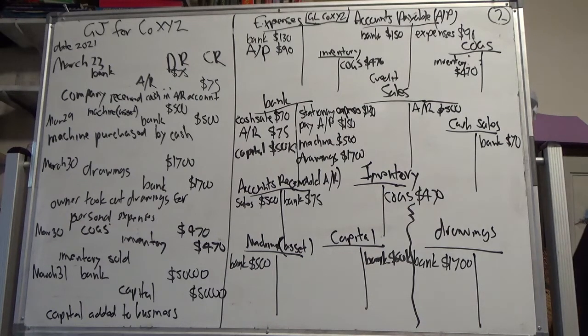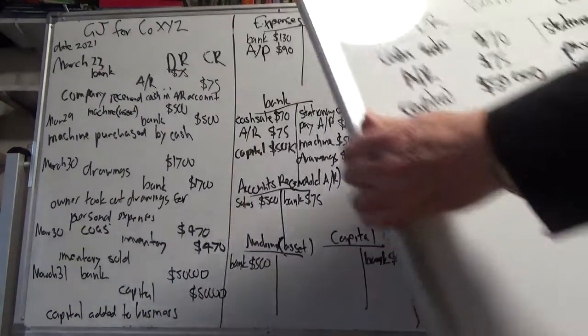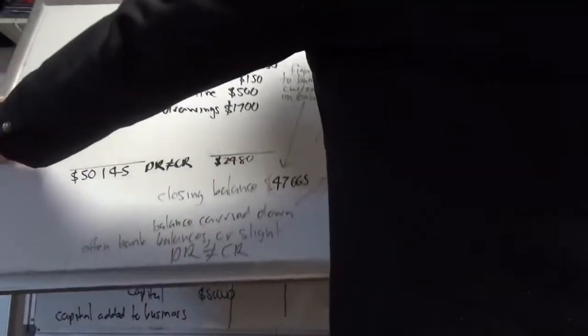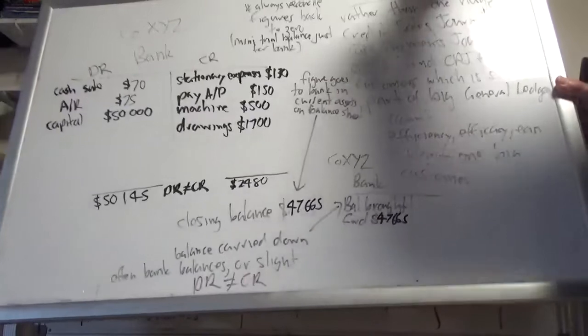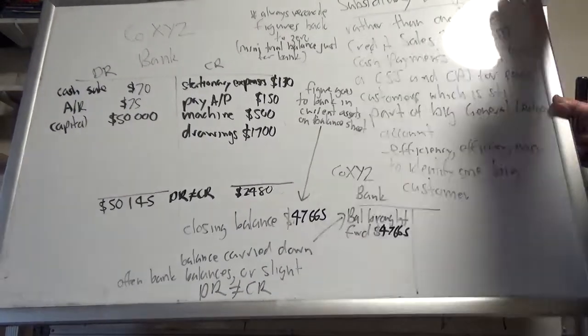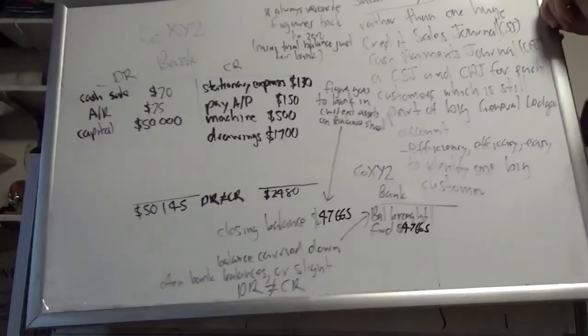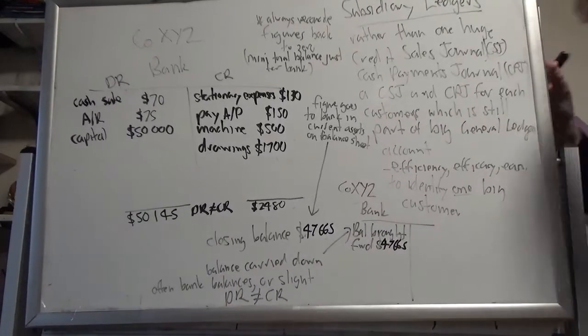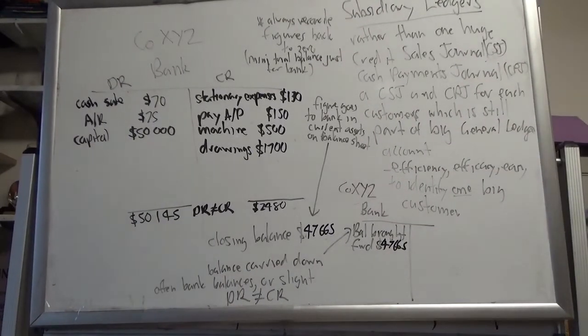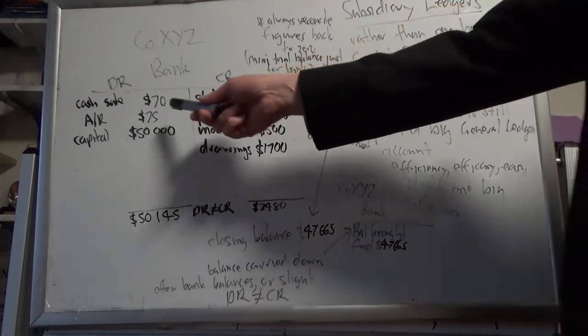So I'll give an example of adding up our transactions that we've just done for the bank. So this bank ledger is exactly the same in our example. Yep. So we've got all our debits here.